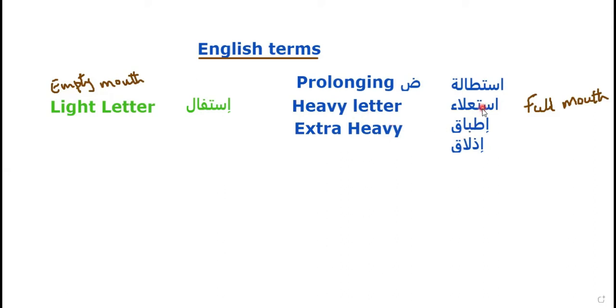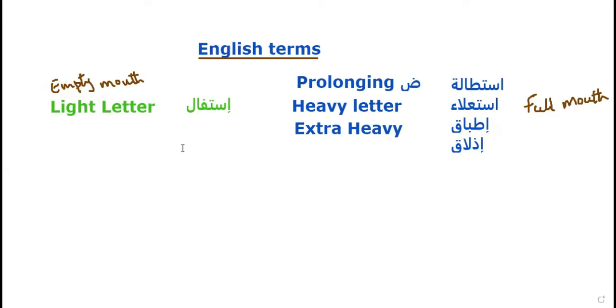So use Arabic and immediately say the English so they understand what isti'la means. The more you repeat, the more they'll understand it. And then ta again has itbaq, which means it's an extra heavy letter. Say each of them like this, and they will understand.